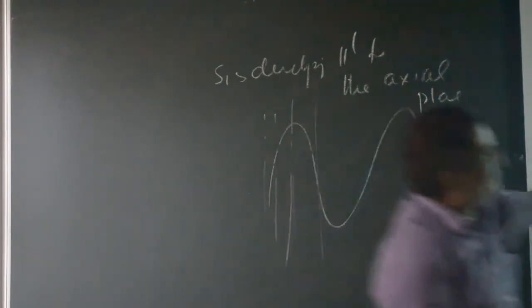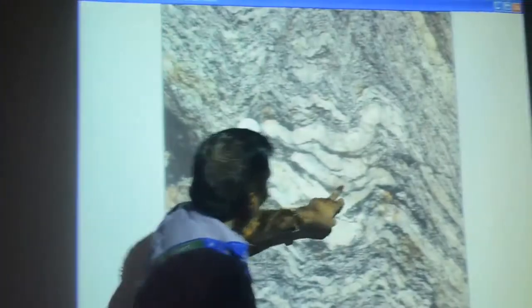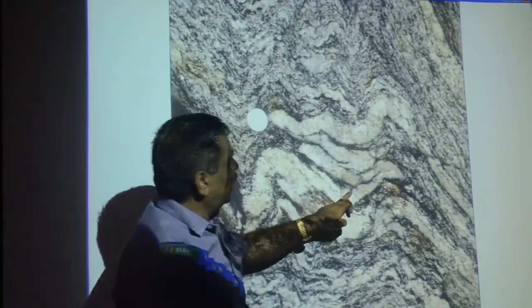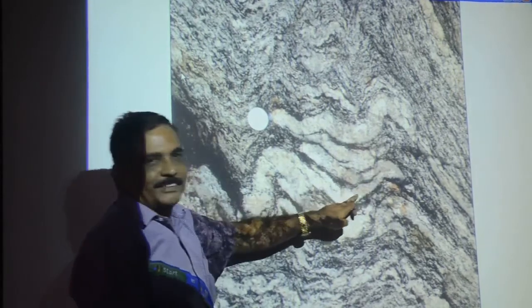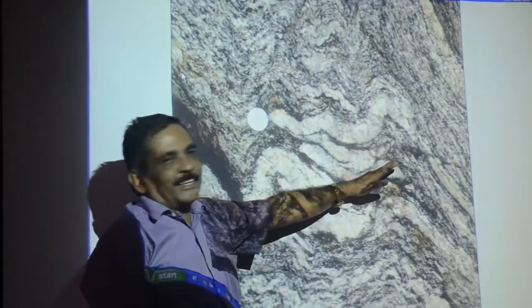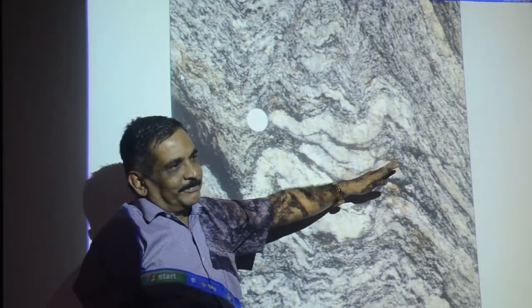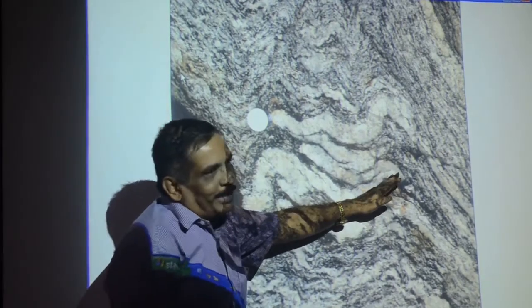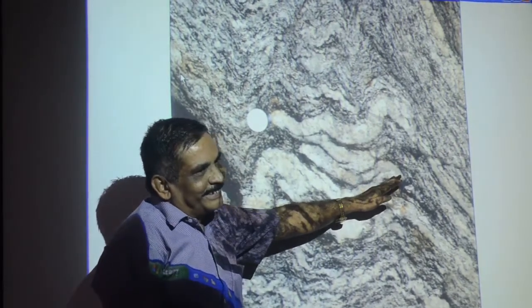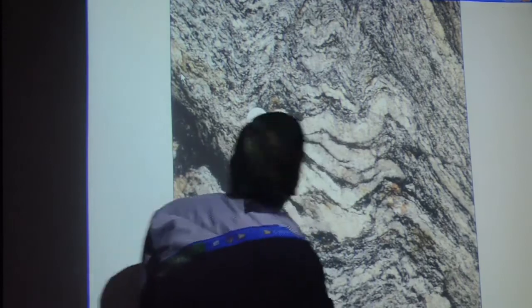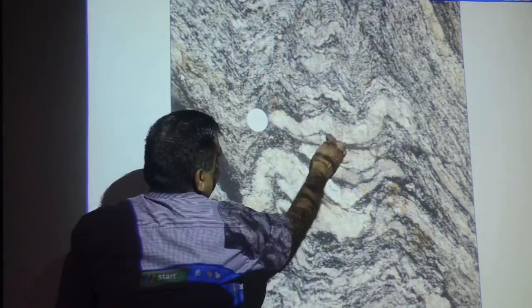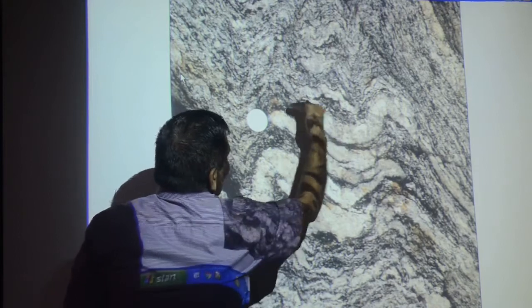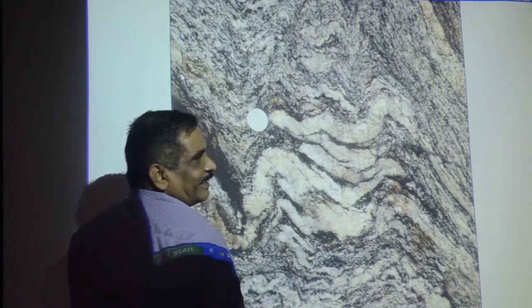Now suppose we take this fold. Its axial plane will be like this. You see, the outside schistosity will be like this. Suppose this fold, its axial plane is like this, so the outside schistosity is also like this.